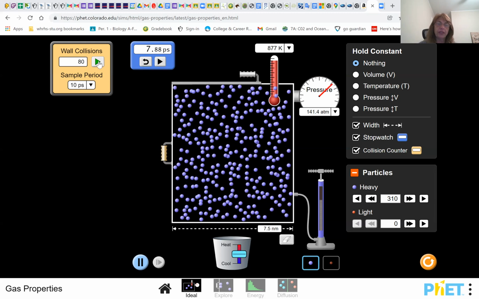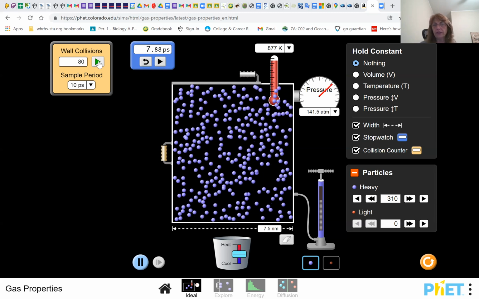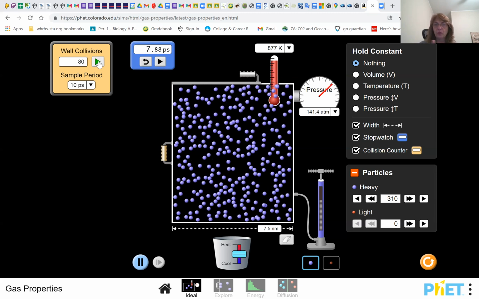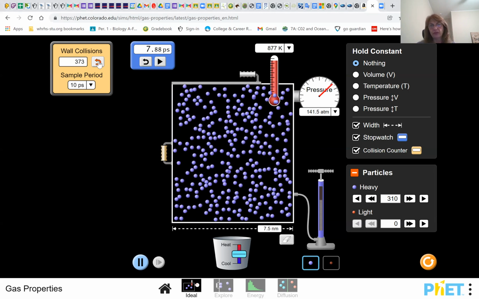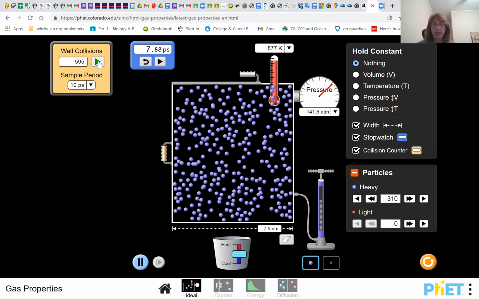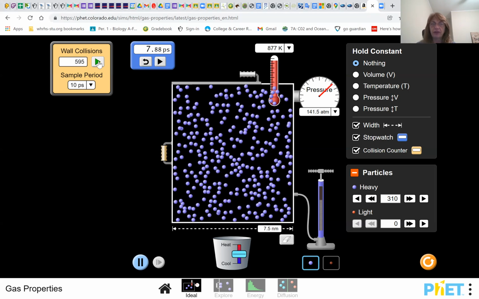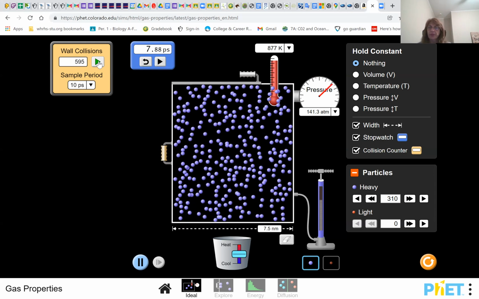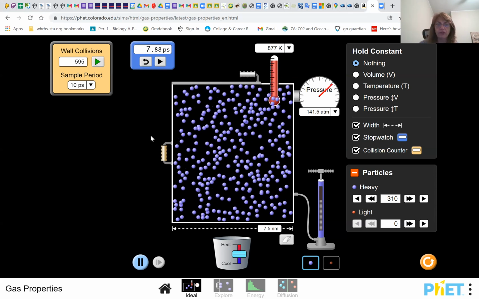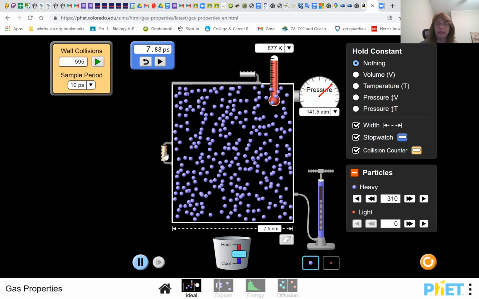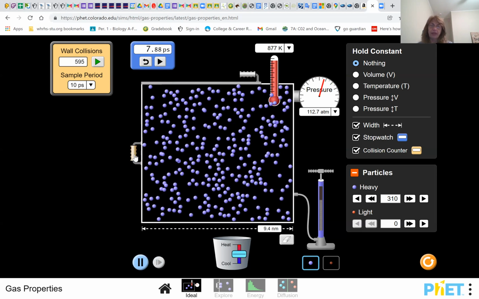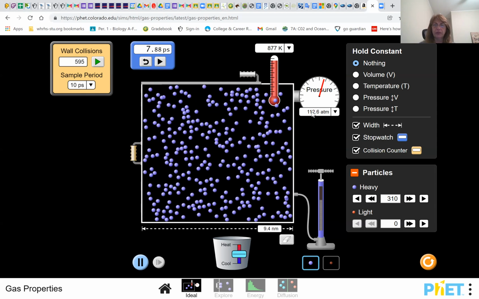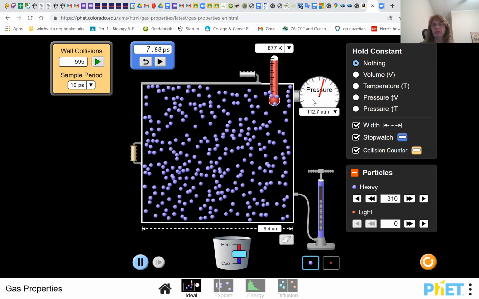If I hit the number of collisions to the walls, with our standard setup right now, it's 595 collisions. Now, if I reduce the pressure by increasing the volume, I can increase it a little bit more. When I increase that volume, the pressure automatically reduces.